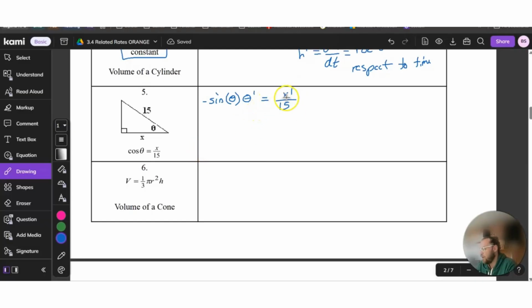Right, because 1 over 15 is just the coefficient. And in this particular case, theta prime, or d theta over dt, is simply our rate of change of our angle with respect to time.